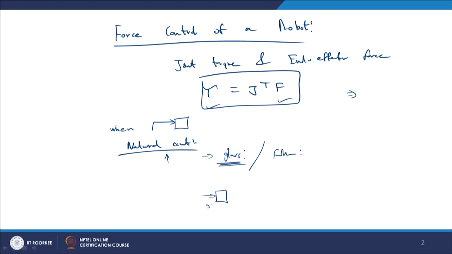For example, this is the x direction towards the glass. The manipulator has to move in the x direction towards the glass. The direction towards the x must be controlled. So, this implies artificial constraint.